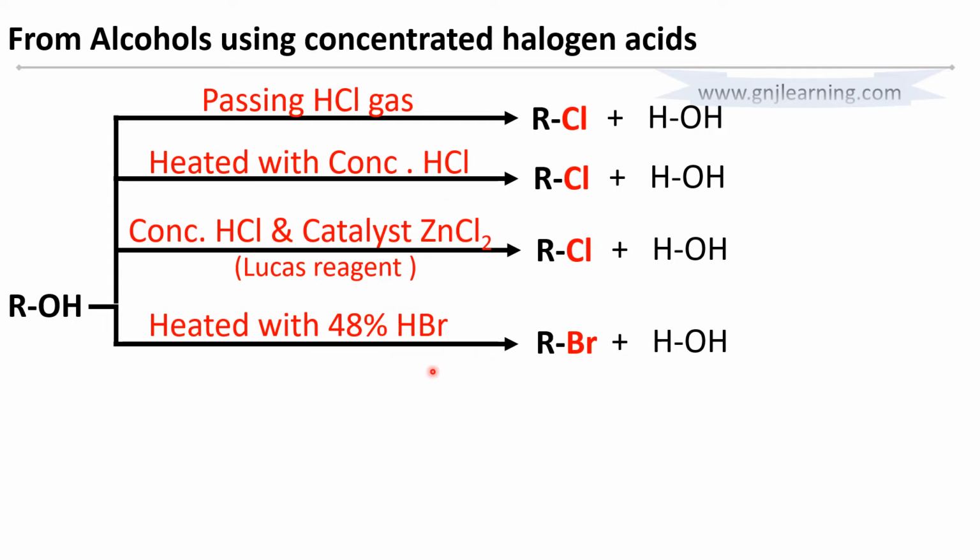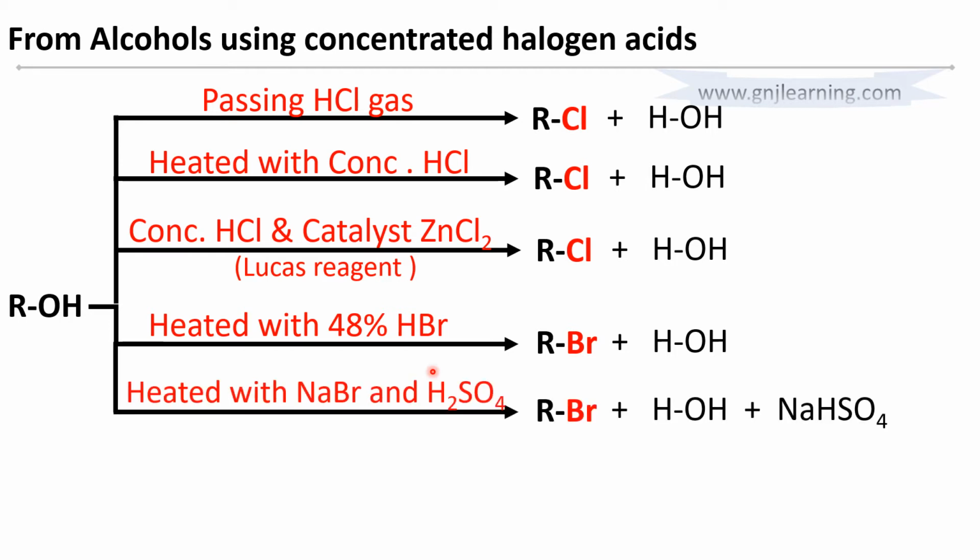Or what I can do is add a salt of Br and H2SO4. In the previous classes we have learned that whenever I am adding a salt along with H2SO4, H2SO4 is able to generate the acid of this anion. So what is the acid of the anion? HBr, which we have seen here.